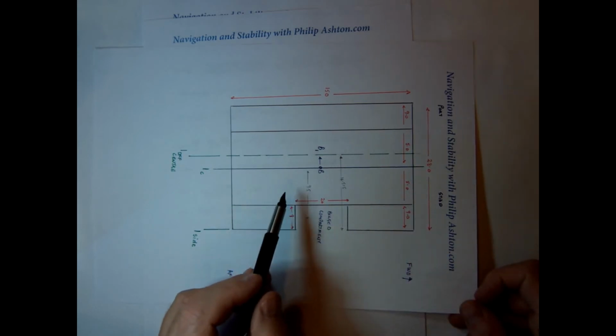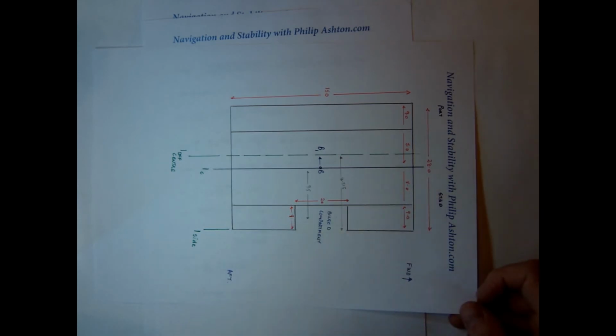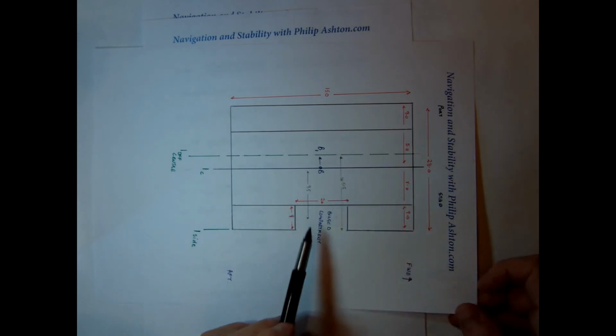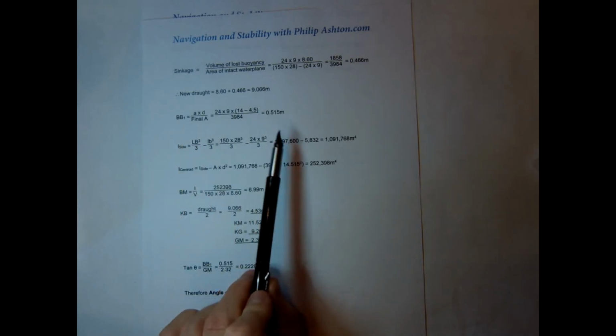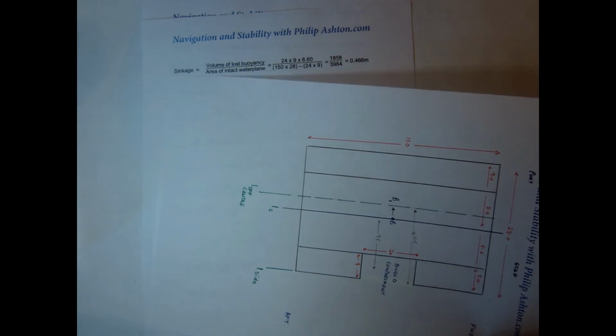So another way of looking at it, it's 5 plus half of 9, 4.5, it's 9.5. Or you could just say, well, it's 14 from here to here, subtract half of 9, 4.5. So that's how we arrive at the D value. So the distance B has moved to B1 is 0.515. So from there to there, we've moved 0.515.